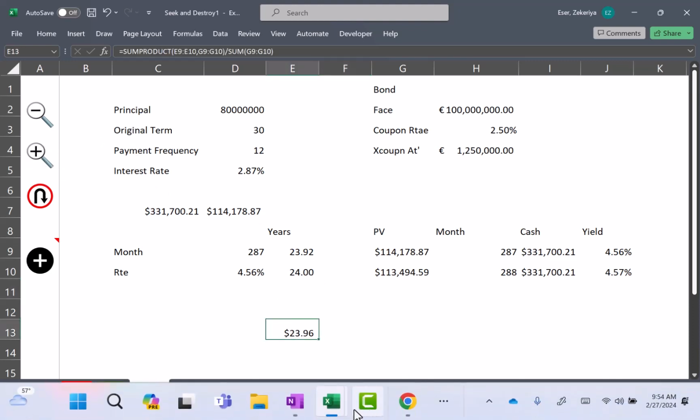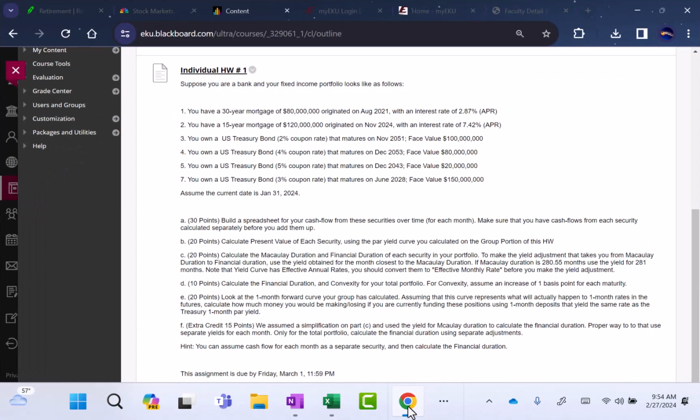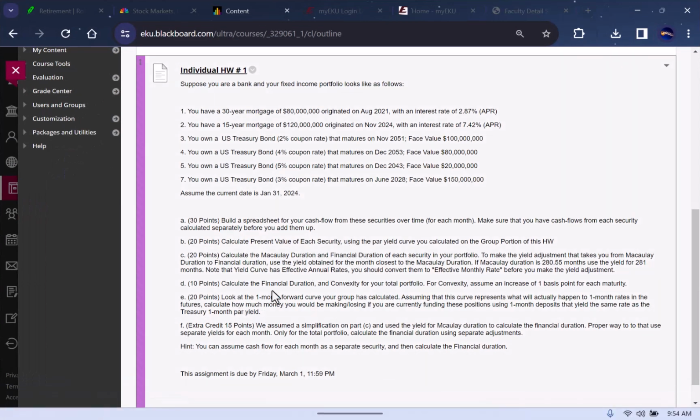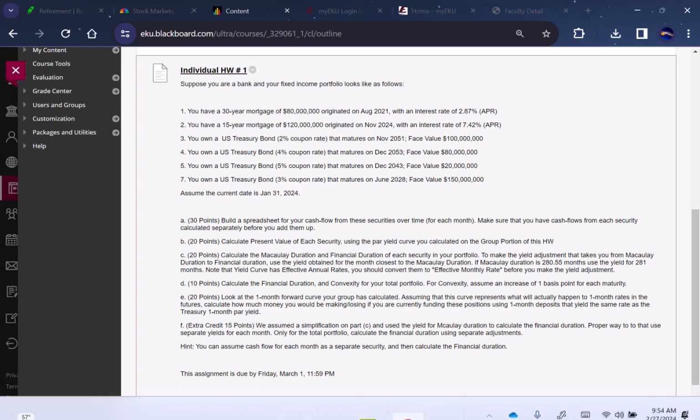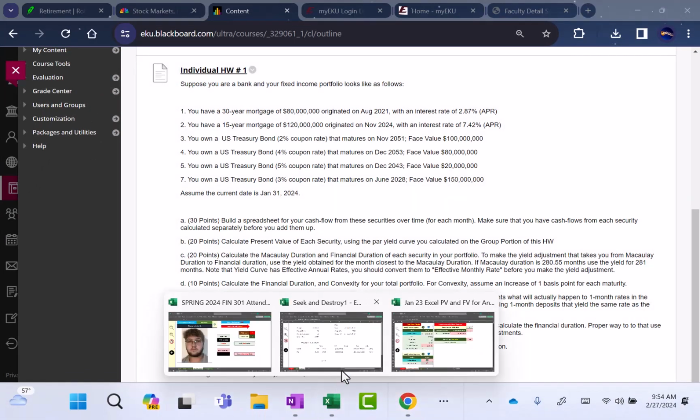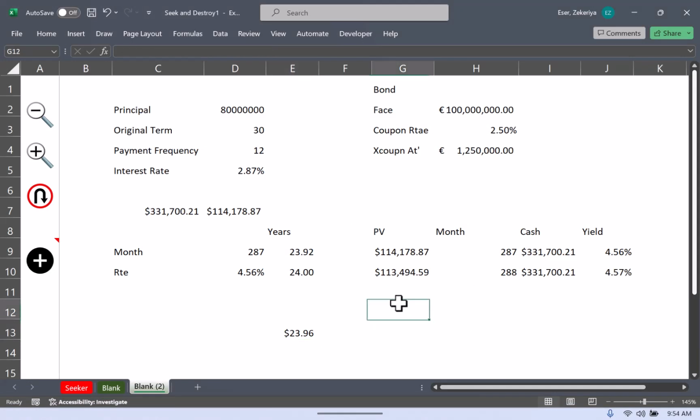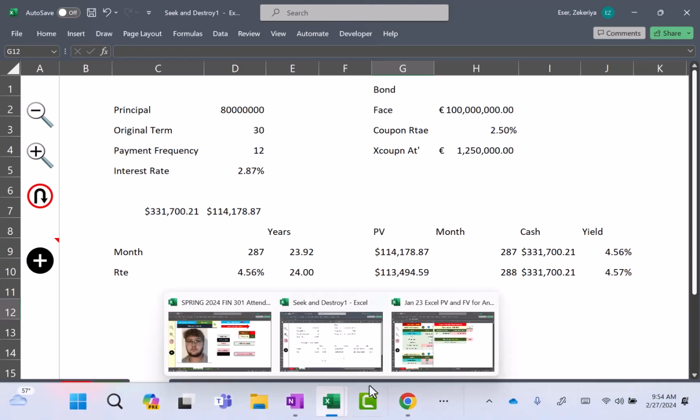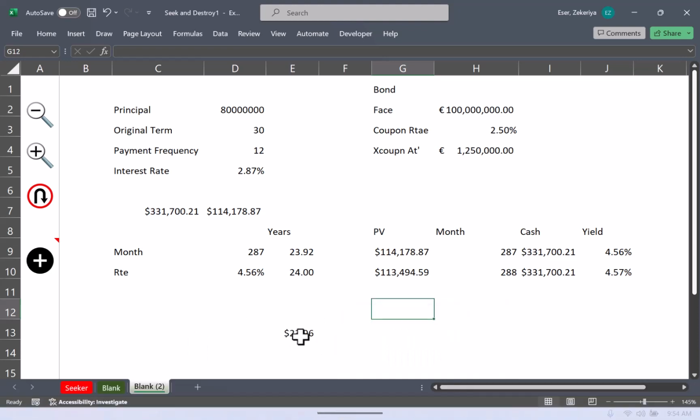On number D, oh, okay. Financial duration is simple. Let me see. Let's convert this into months. So 287.5 months, that's the Macaulay.